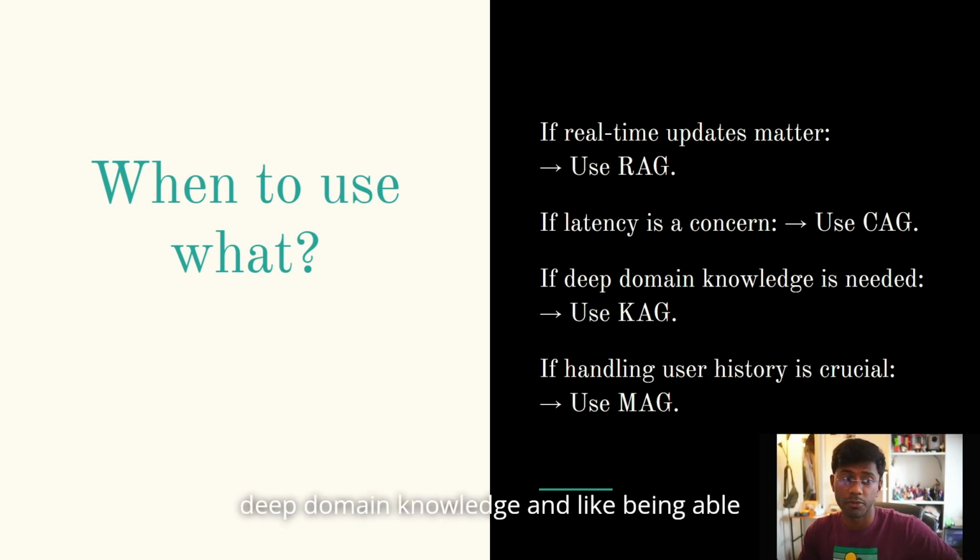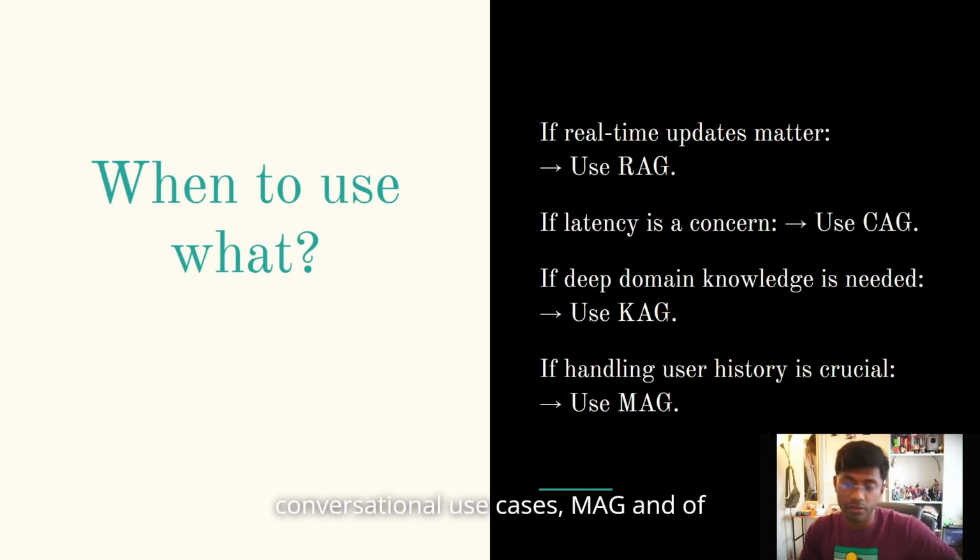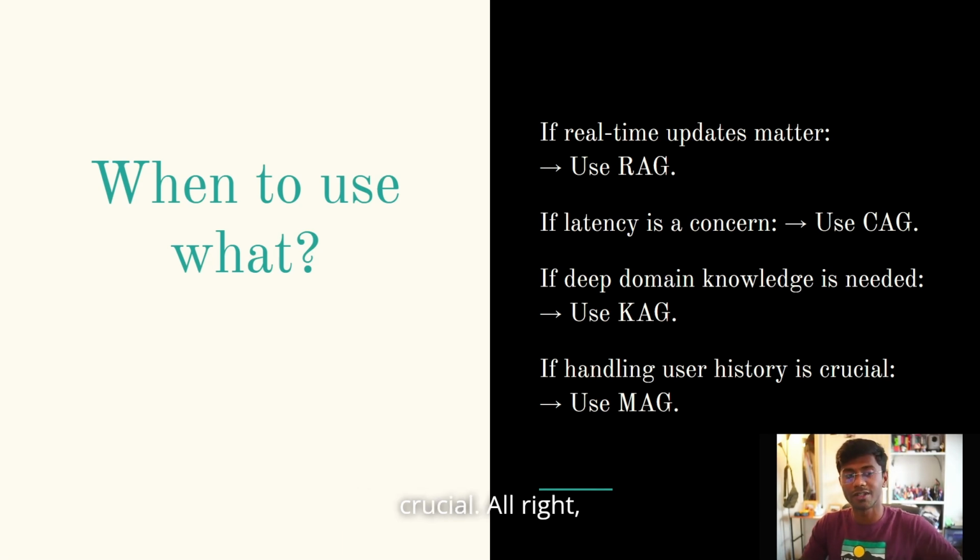And if you want deep domain knowledge, and to be able to model and reason across relationships and how the different entities and components function together, you would use KAG. If handling user history, so conversational use cases, MAG, and of course fact checking, if fact checking is crucial.